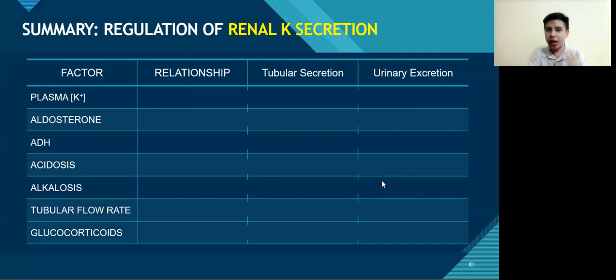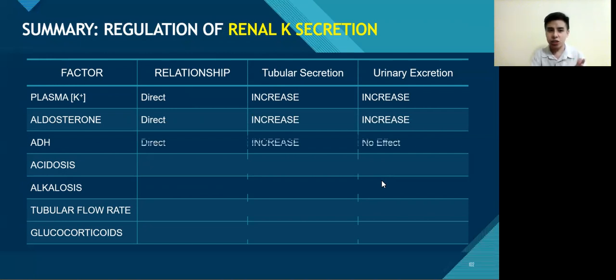A high potassium level will lead to enhanced tubular secretion and then more found in the kidney. Okay. Aldosterone is the same thing. High aldosterone enhances potassium secretion. ADH also, high ADH will increase potassium secretion, but overall the excretion is not really that affected. Okay. While acidosis is the unique.